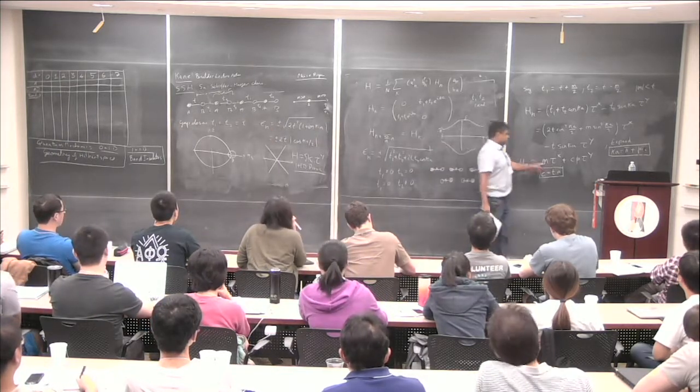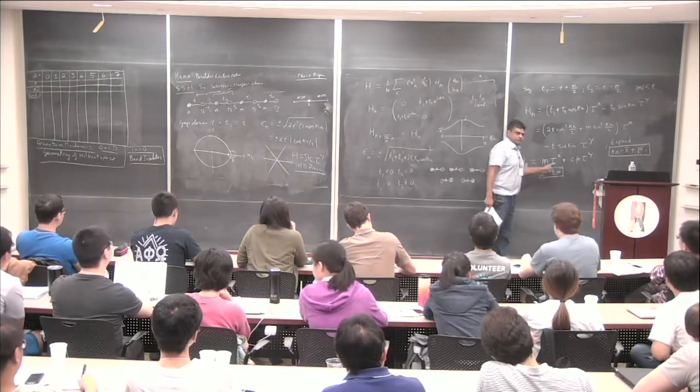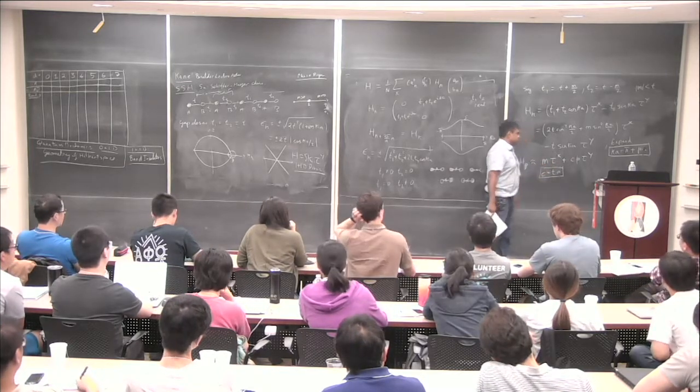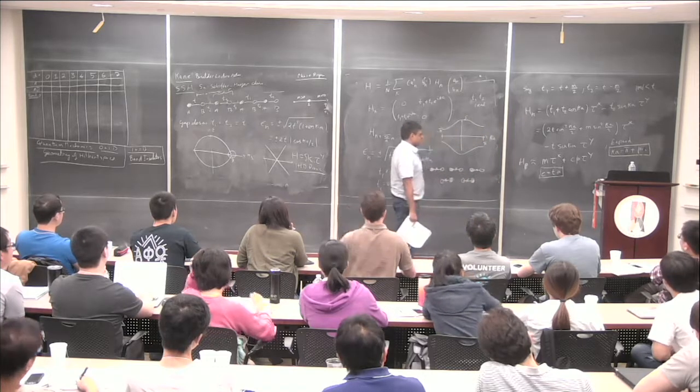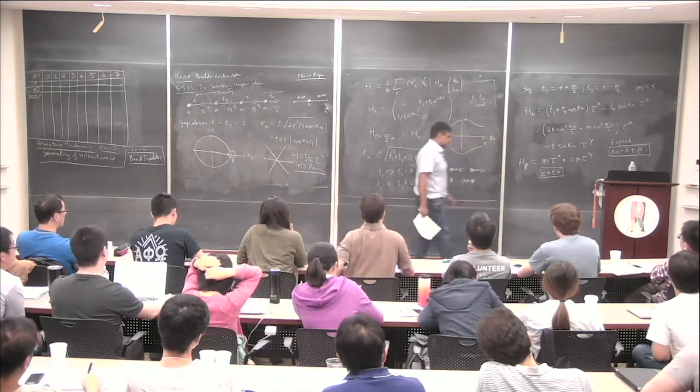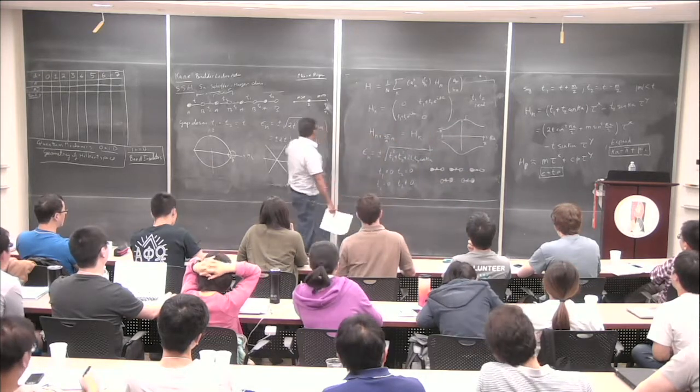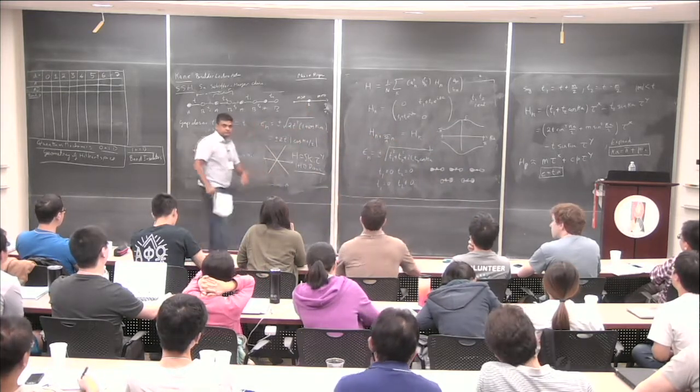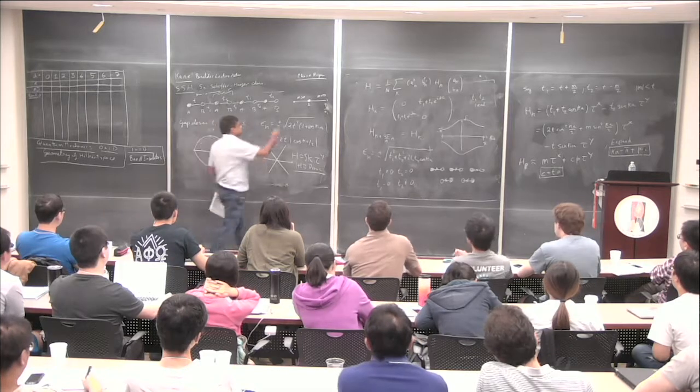And because of that, if you were to change some parameters, for example the hoppings, you can influence the single parameter. You can change its sign. A single real parameter can change its sign. That gives you two phases, and they're connected by a phase transition.